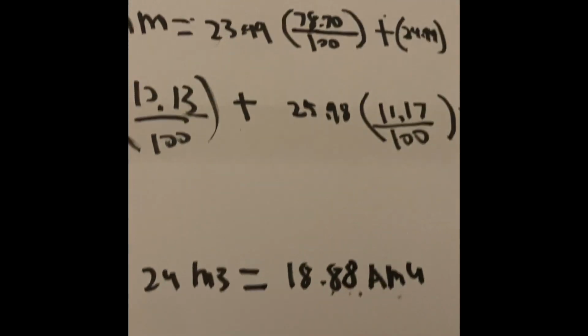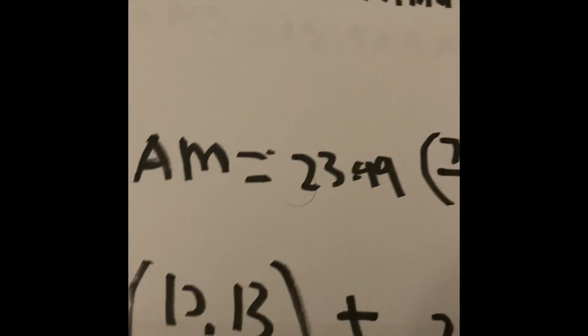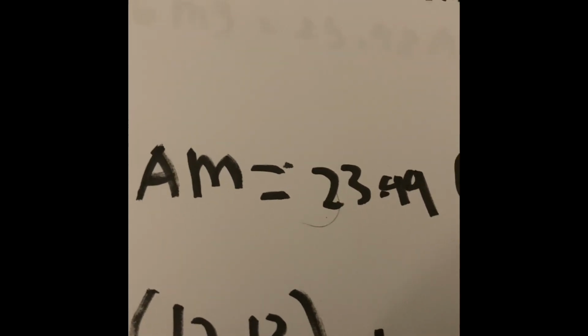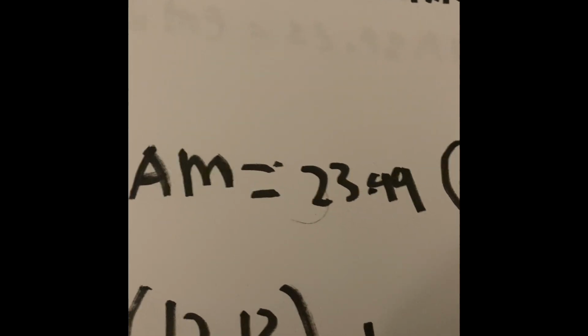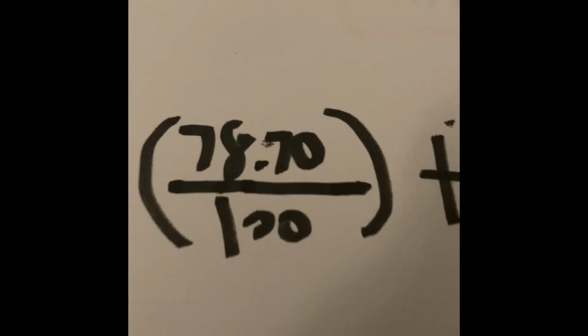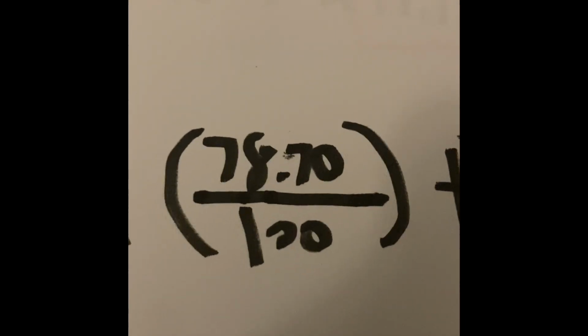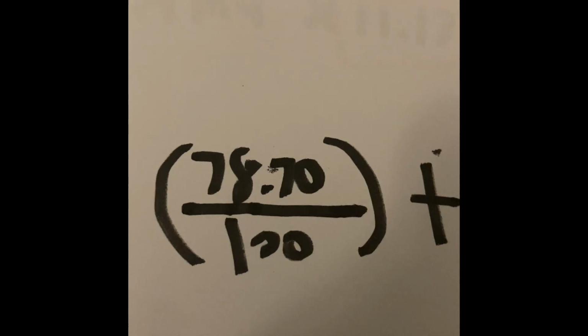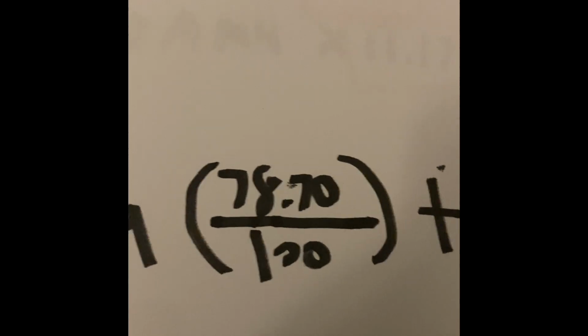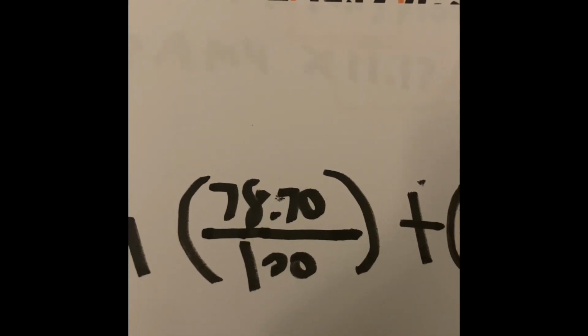The reason is that 23.99 is the atomic mass unit for that single magnesium atom, but we multiply by a percentage and divide by 100 because only 78.70 percent will make a big effect on it. That is sort of like the variable that drives the formula to the answer. So this is our answer for magnesium 24.